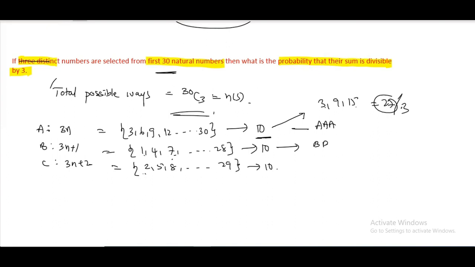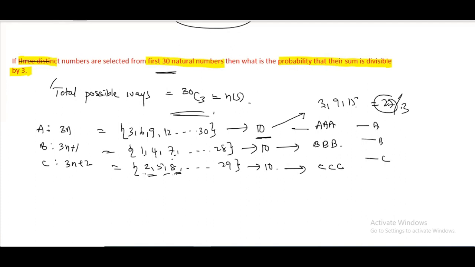So there is a chance of getting B. And all three numbers can be from C also. 2 plus 5 is 7, 7 plus 8 is 15, which is divisible by 3. So we can select all from C. Or from each group we can select one number. That is also, the sum is divisible by 3.